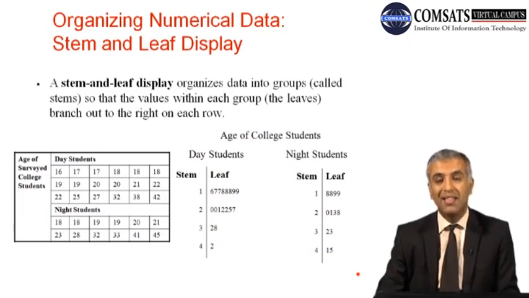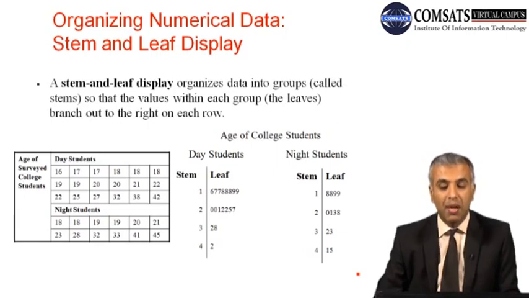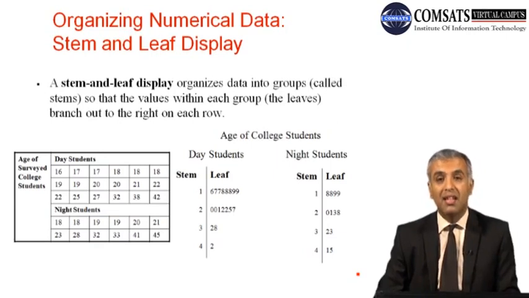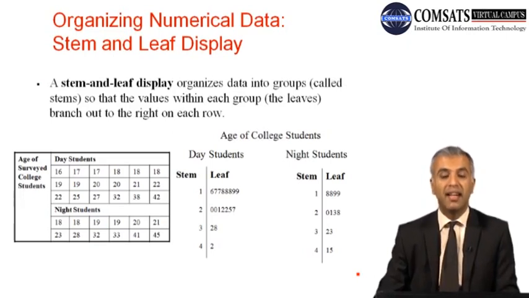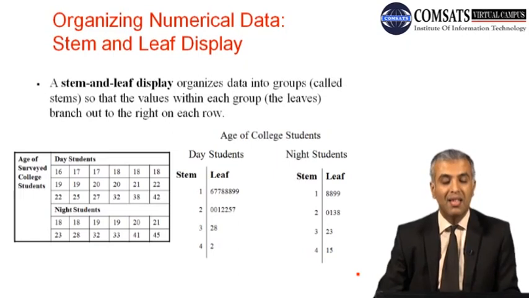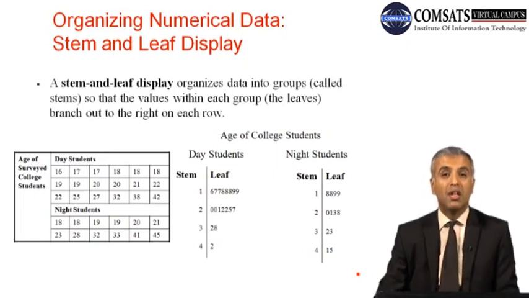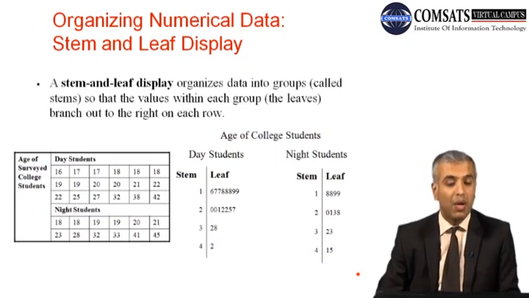The first place is termed as the stem, which is displayed in the stem part in day students, and the leaf is the number appearing in the second place. So here the leaf 6, 7, 7, 8, 8, 8, 9, 9 basically represents the numbers which come at the second place of those numbers in which the first place has the number 1.